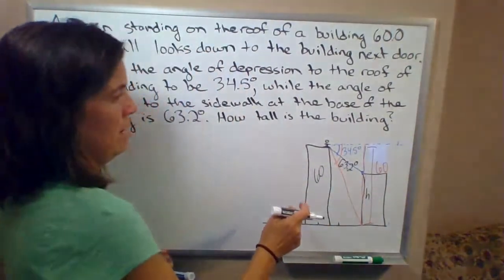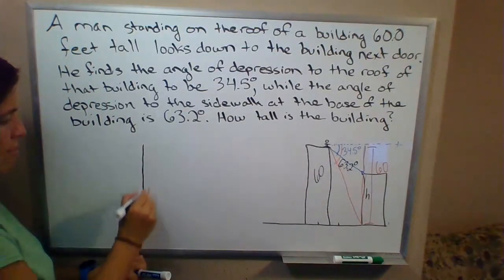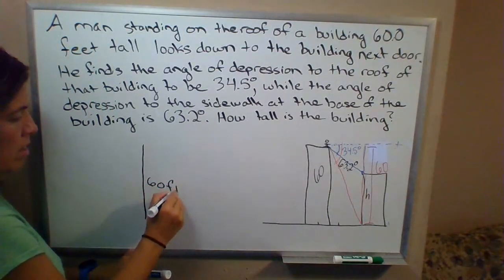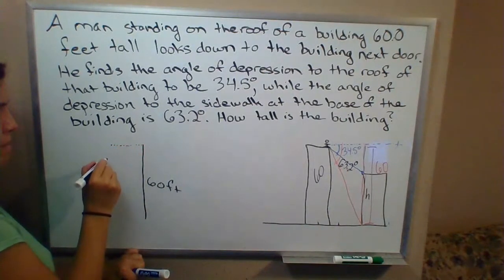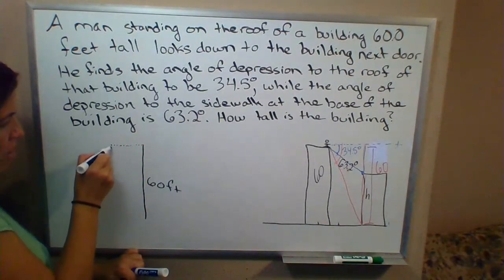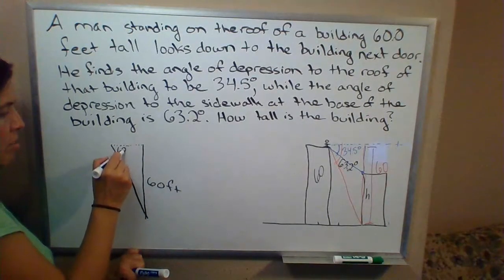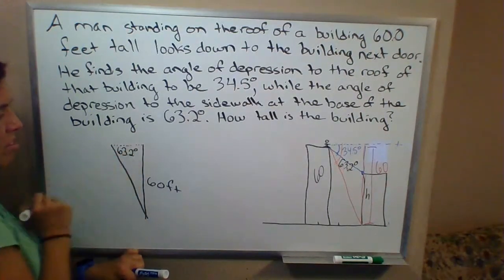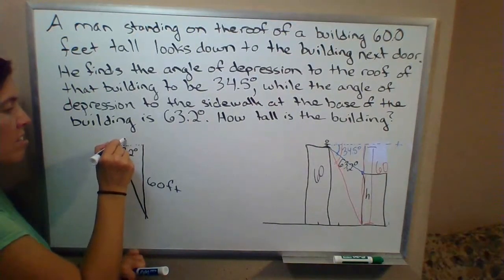So if I know this length here, and we know this angle, 63.2 degrees, let me draw that again over here. So we've got 60 feet. Here's this line straight across from the taller building. And we have this angle of depression to the base of this opposite building that is 63.2 degrees. So using this angle, we could find this distance here.